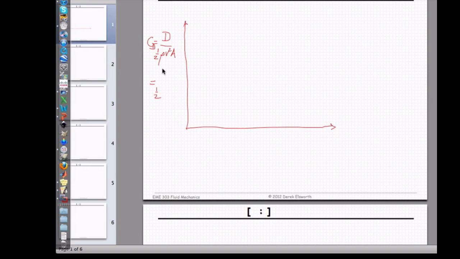Half is a half, the density is 1, the velocity is always 1 coming into the left-hand side, so 1 squared is 1, and the area is going to be equal to our length of the airfoil multiplied by 1 meter length into the board, which would also be 1 as well, and it's just divided by drag. So in other words, it's equal to 2d. So let's not worry about that. Let's plot CD over 2, which is equal to this. No, 2CD. No, CD over 2, actually. But that's fine. Just makes life easier for us.